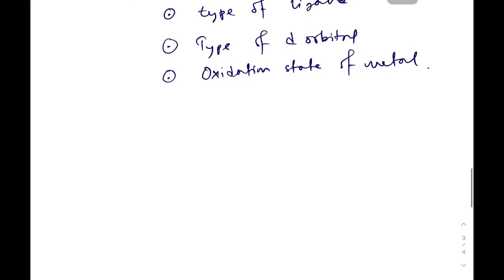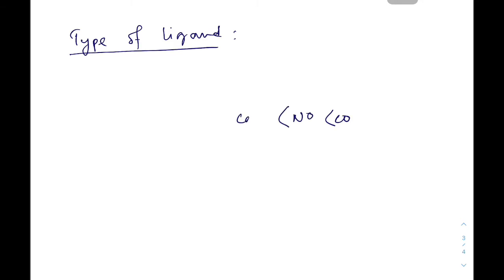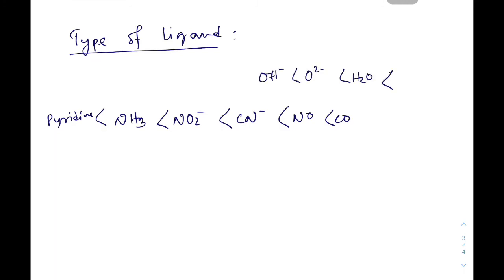So first we come to the type of ligand. There is a series of ligands. CO is a strong field ligand.